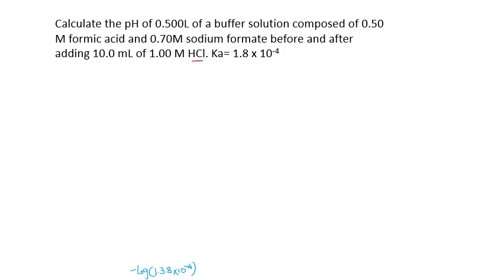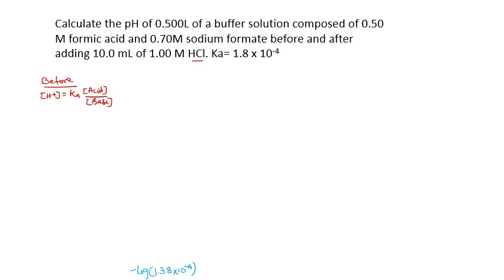Okay, so let's go ahead and see how to approach this question. Before and after. So before, it's not going to make any difference. We will use the same formula, that is concentration of hydrogen ion equals Ka times concentration of acid divided by concentration of base.